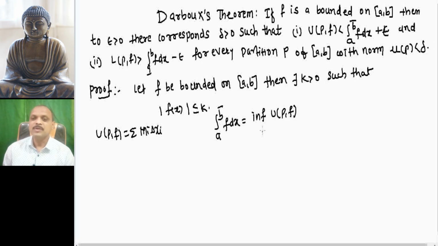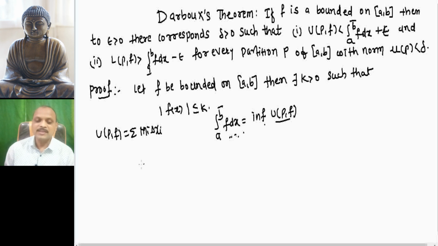This is an infimum value. That means when we add something to this value, there must be one member of this set less than this one. This is an infimum value. No value greater than this is an infimum.